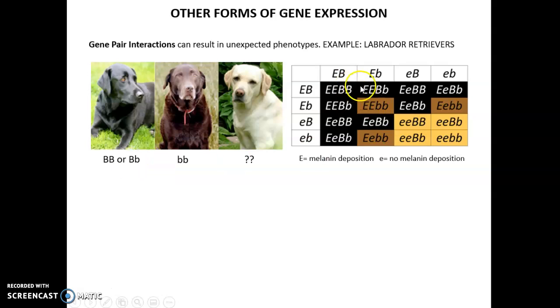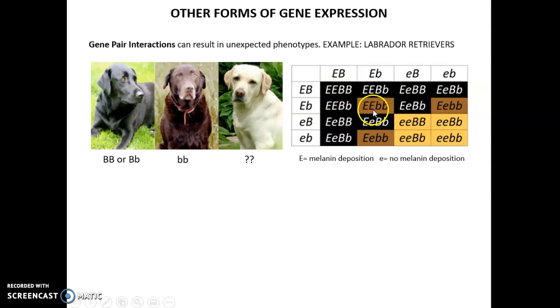So, for example, this is a dihybrid cross. Dominant E means that the coloring is deposited into the hair. So right here, there is going to be coloring because we have dominant alleles, and that coloring is going to be black because that's dominant.